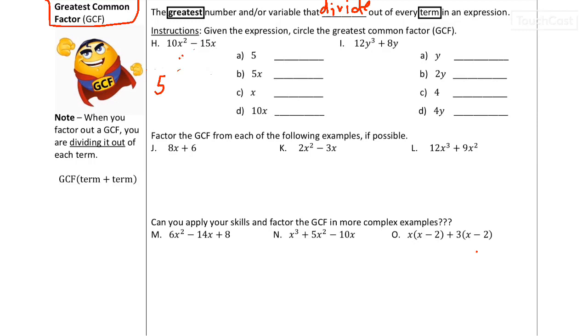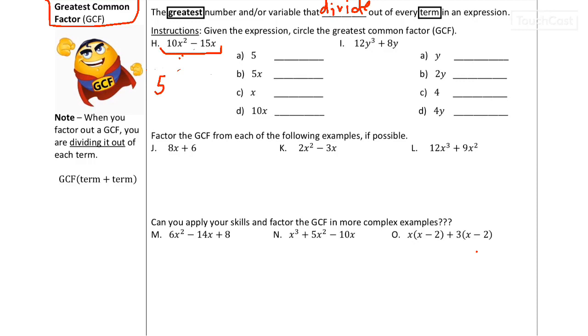For example, in this problem here, the first term has an x squared, the second term has an x. Since they both have the same variable, we are going to include a variable in our GCF, and all we have to do is figure out which variable has the lowest power, x squared or x.